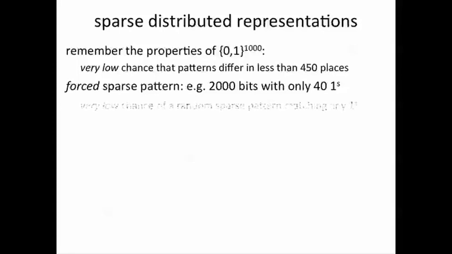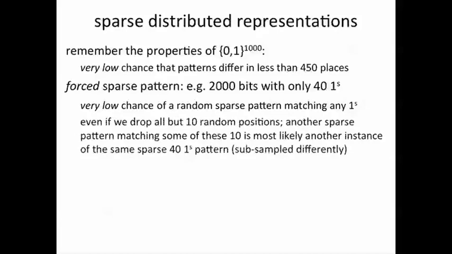But if we do this, then let's see what happens. There's a very low chance of a random sparse pattern, that means another random pattern with only 40 ones, matching any of these ones, or matching a significant number of these 40 ones. Just imagine, if 20 of these ones have to match, then the chance is 1 by 2,000 multiplied by itself 20 times.